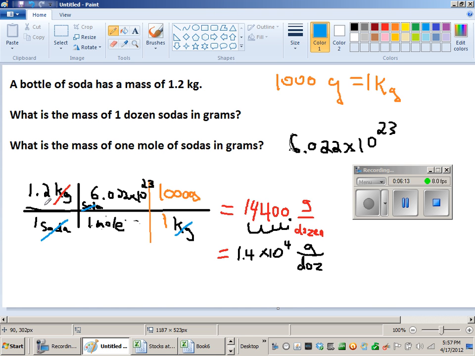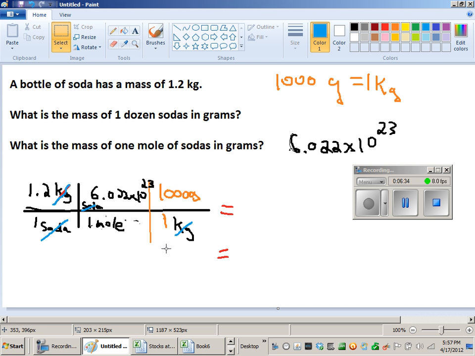My kilograms go away, right? And I'm left with grams on top, moles on the bottom. And that's what I want. I want to get grams per mole. So like if there's a mole of sodas, I want to know how many grams that is. That's what the question's asking. Again, I'm only limited to 2 sig figs because there are just 2 sig figs in the original mass.